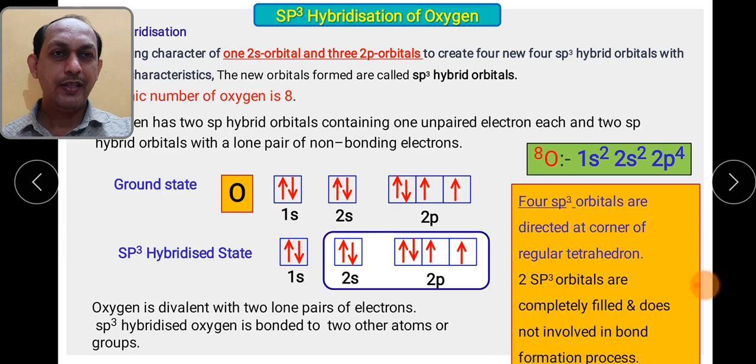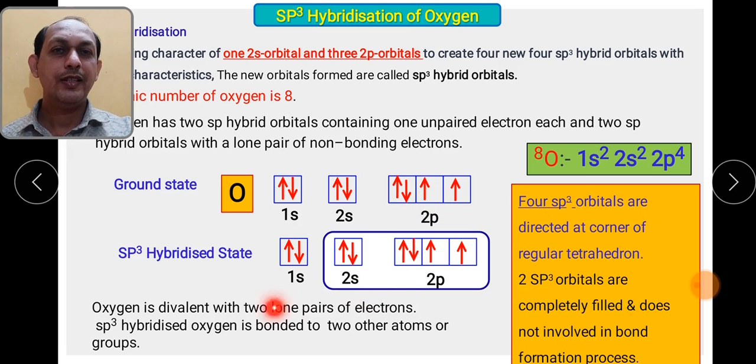So why is the valency of oxygen 2? Here you can see, out of the 4 orbitals, 2 are paired and 2 are unpaired. When the orbitals are paired, that is called a lone pair of electrons or non-bonded electrons, because they do not get involved in the bonding process as such.